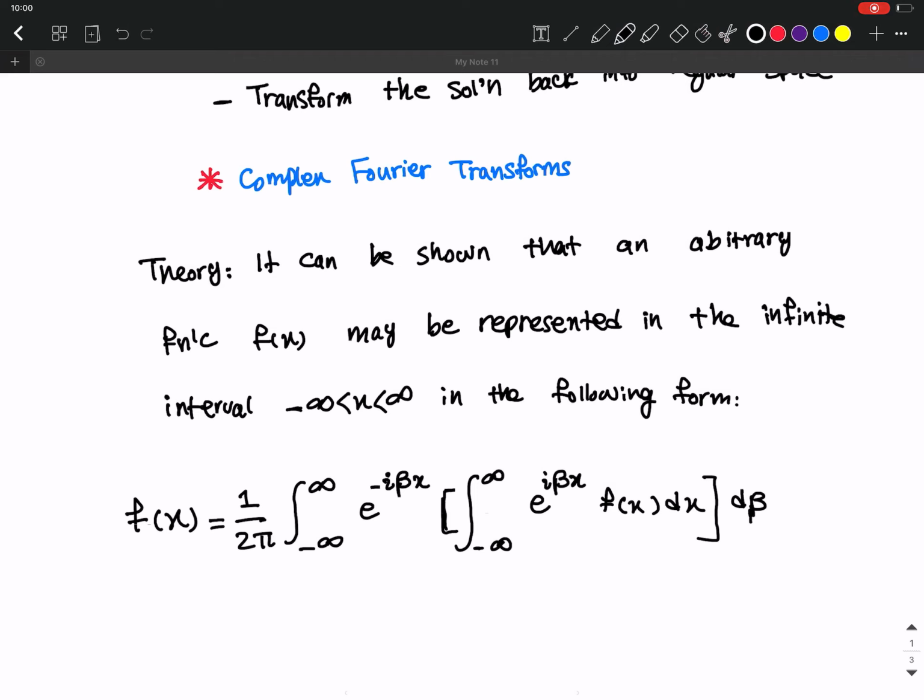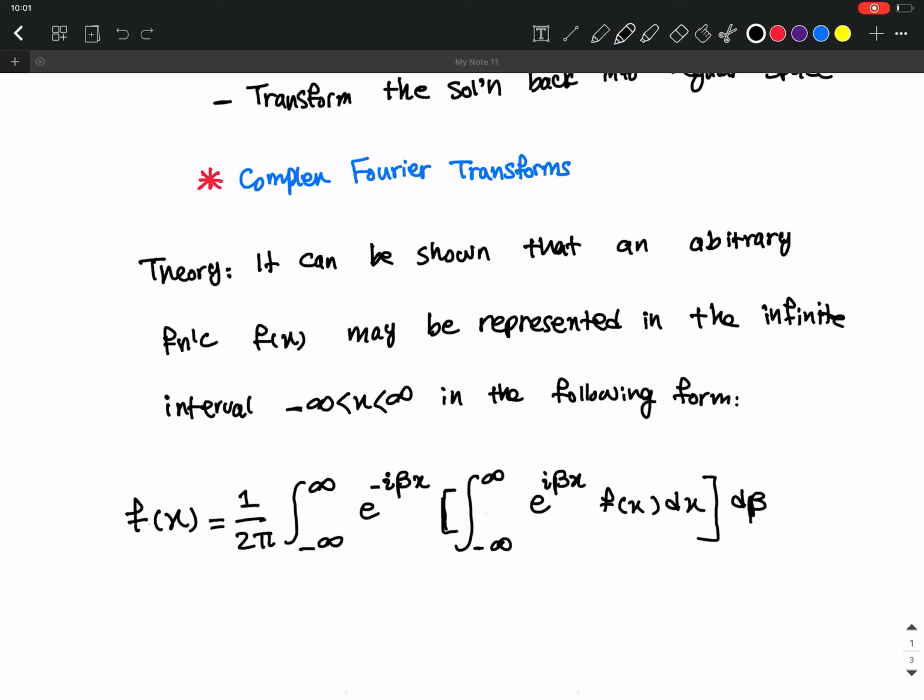But as you see, they are two integral transforms. So we have transformed this f(x) using this integral transform, and then we again transform the resulting function using this transform. Okay, and once you transform these, you are going to get your original function f(x). Okay.